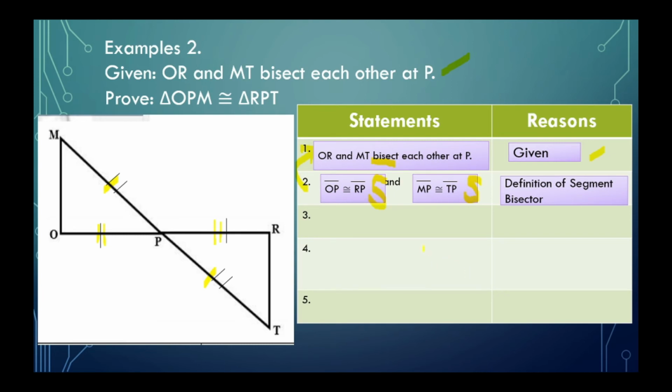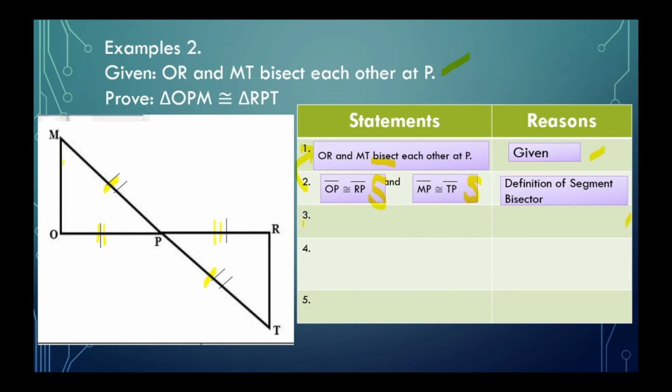Now, kung SSS ang ating hahanapin, dapat ma-prove natin yung third side, MO at RT. Pero kung SAS, angle ang nawawala, what is the included angle? And tanong, kung ilalagay niyo yung statement na yon, may sapat ba kayong reason for that, which is a property, a postulate, a theorem, or definition? So, analyze natin yung figure.